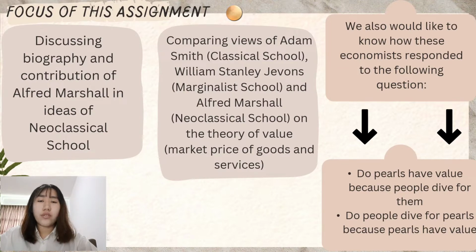We also would like to know how these economists respond to the following question: do pearls have value because people die for them, or do people die for pearls because pearls have value?